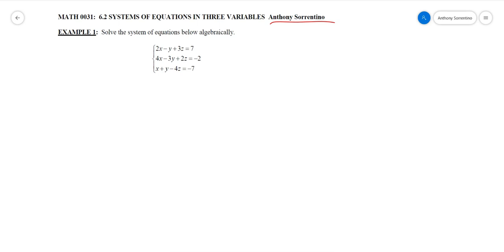When I look to do situations like this, there might be some substitution I could do along the way, but you're going to see more often than not that elimination tends to work best for this, because I'm going to have to get rid of one variable at a time.